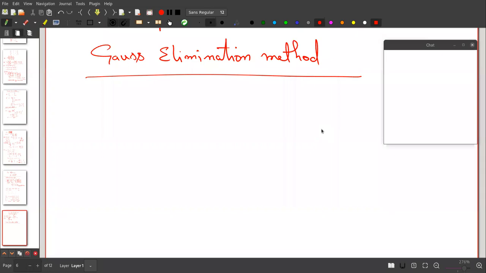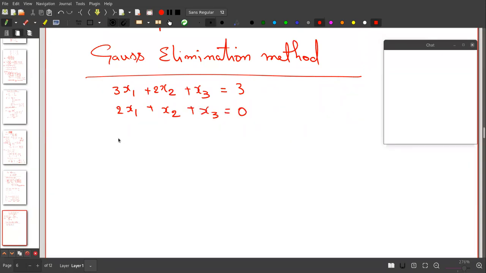Okay. So let's write a matrix. Let's write a system of equations first. 3x1 plus 2x2 plus x3 equals 3. 2x1 plus x2 plus x3 equals 0. 6x1 plus 2x2 plus 4x3 equals 6.